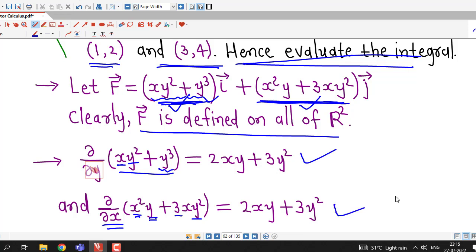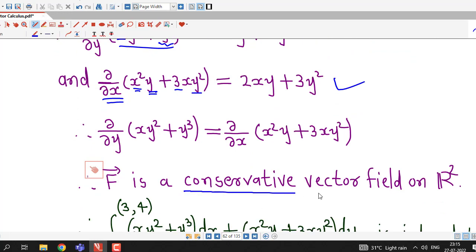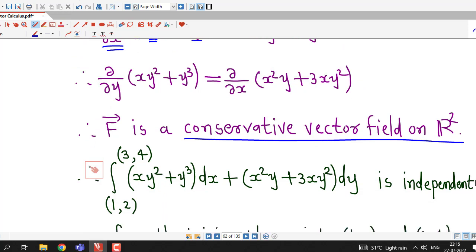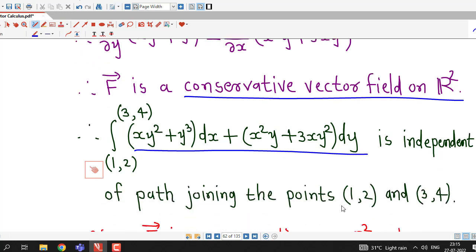We can see both of these derivatives are equal. Therefore F bar is a conservative vector field on R², and because F bar is conservative, this differential form is exact, and therefore this line integral is independent of path joining the points (1, 2) and (3, 4).